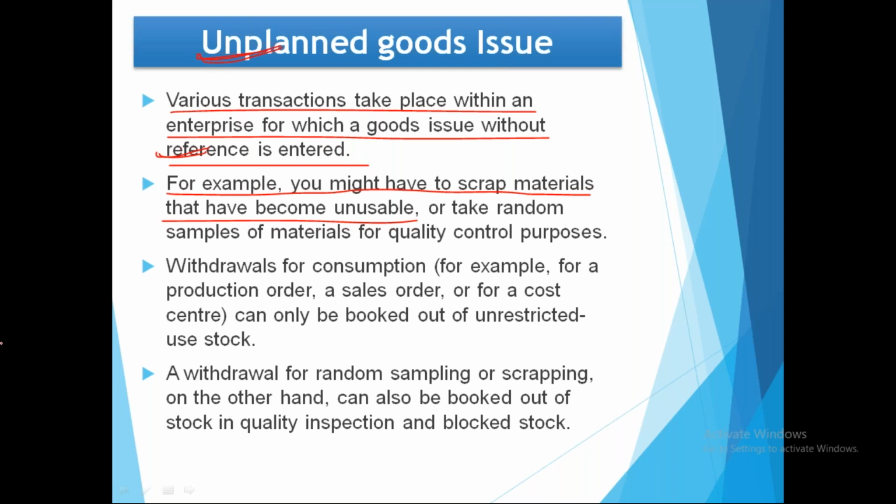You identified that there are some materials in your organization which cannot be used anymore, so at that time you will do the scrapping, or take random samples of materials for quality control purposes. You have some materials in the organization on which you want to do quality inspection, and at that time you will take some random samples.